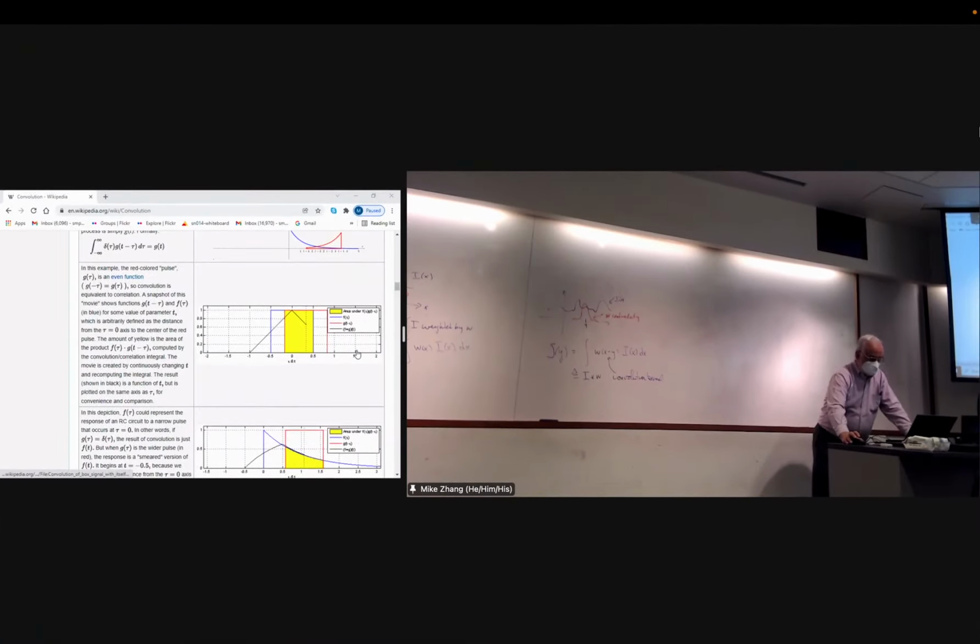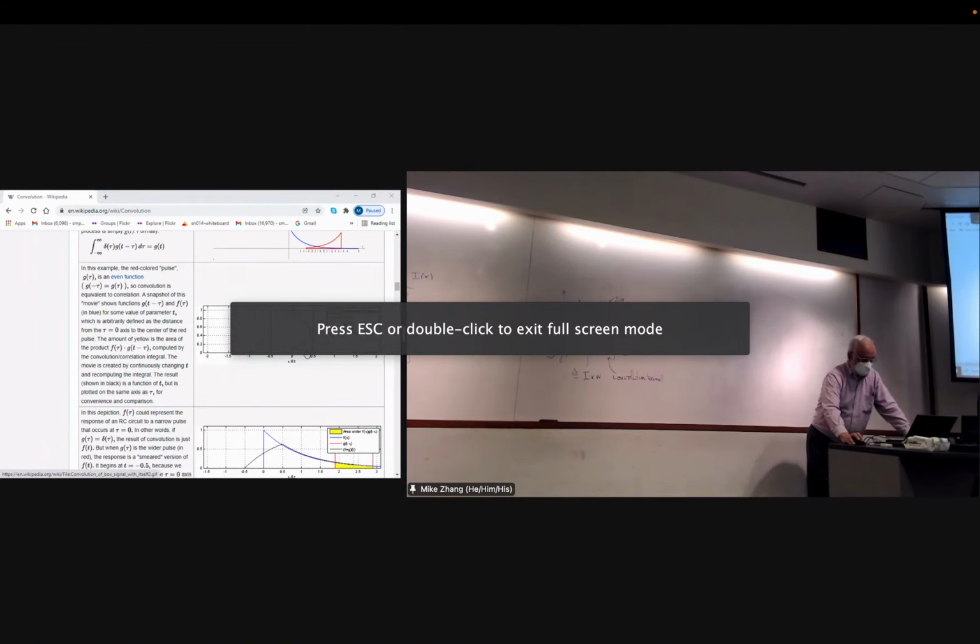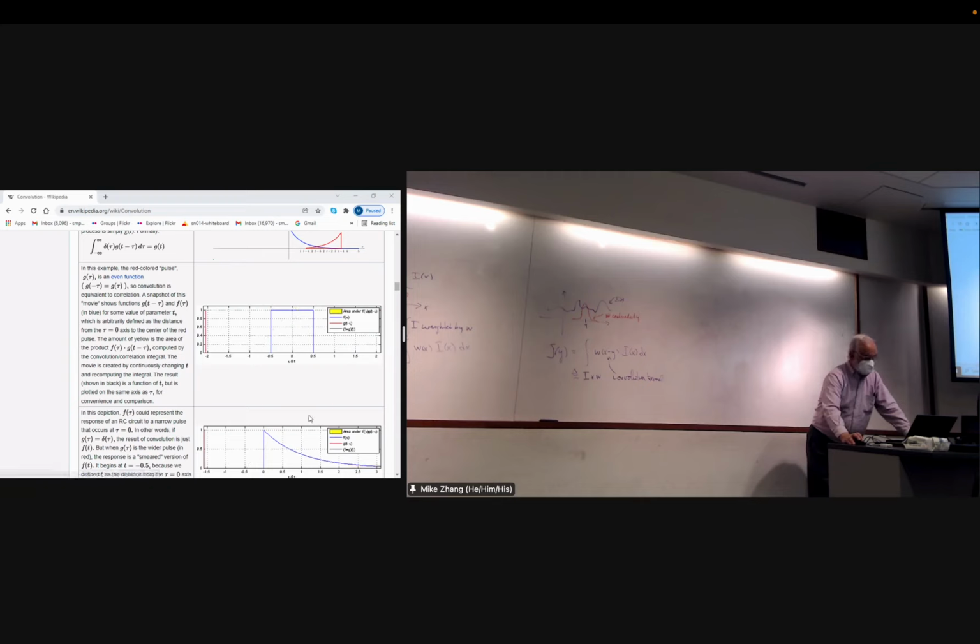Okay, so look at this graph here. What we have is an image which is in the form of a rectangle. It's simply 0 up to minus 0.5, and then 1 up to 0.5, and then 0 again. And in this particular example, the weighting function is also the same form.